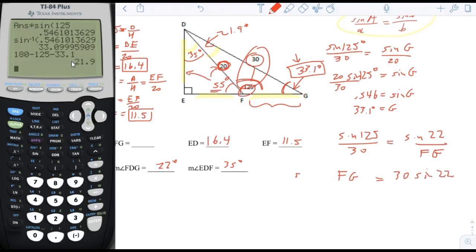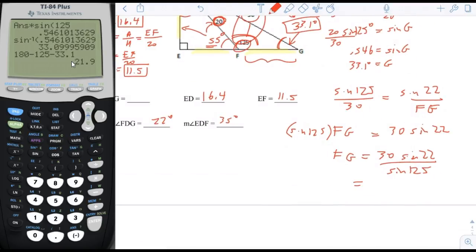Now I'm going to divide both sides by sine of 125. I'll get 30 times sine of 22 divided by the sine of 125. And then I'm going to use my calculator to multiply that out. I'm going to have 30 times sine of 22 divided by sine of 125. And I get 13.7 for FG.